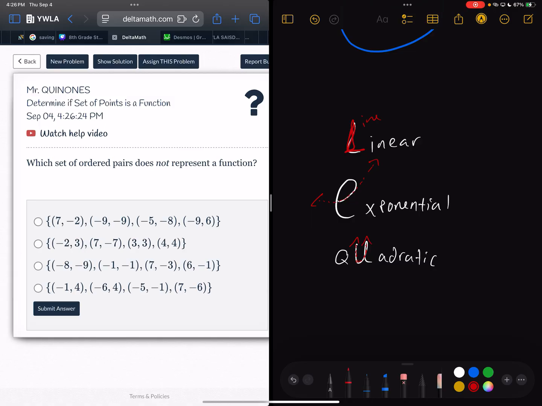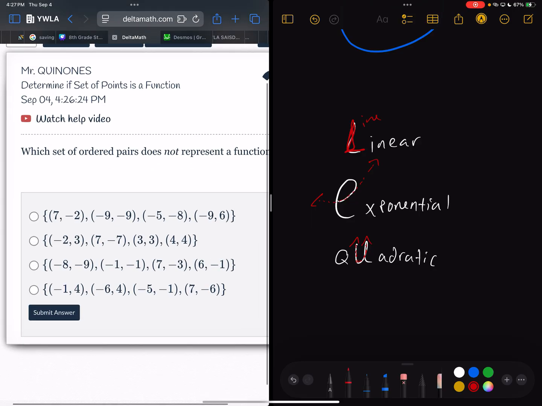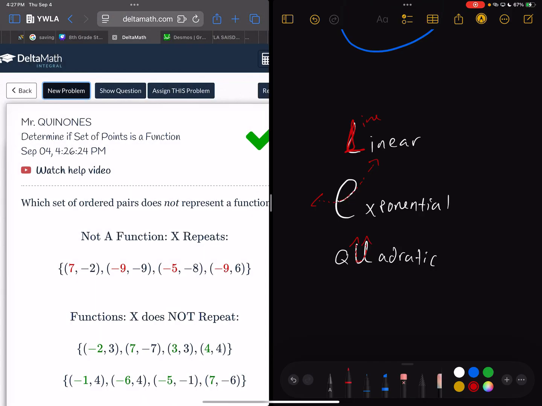If we're looking for it to not be a function, what value do we want to repeat? The x's, right? So let's take a look at the first one. 7, -9, -5, -9. I'd probably select this one. What number repeats on that first one? The -9. And if that x value repeats, then we know it's not a function. So then there we go.